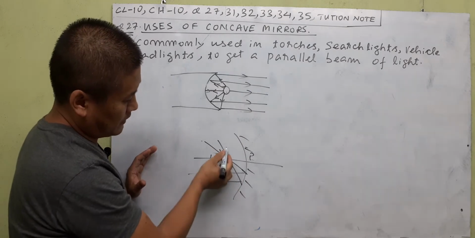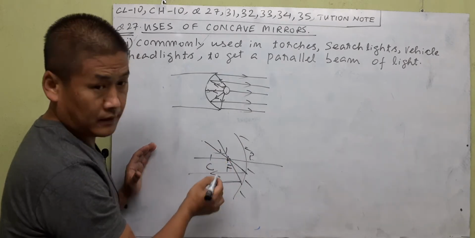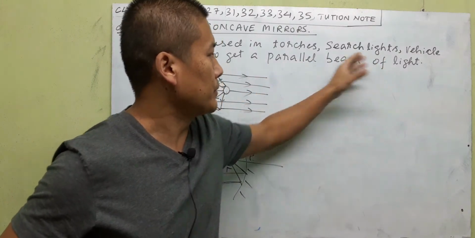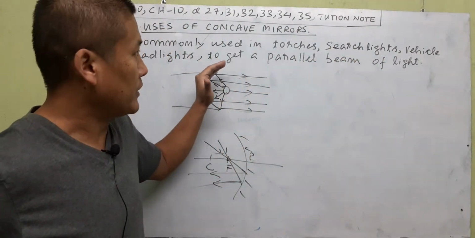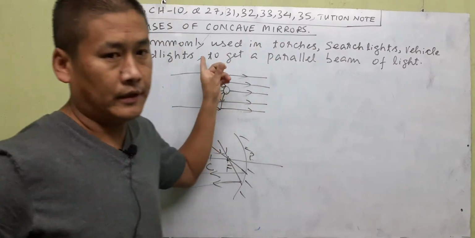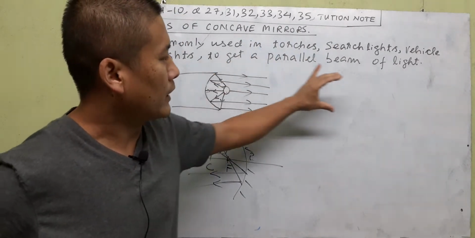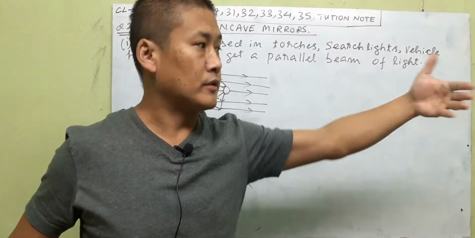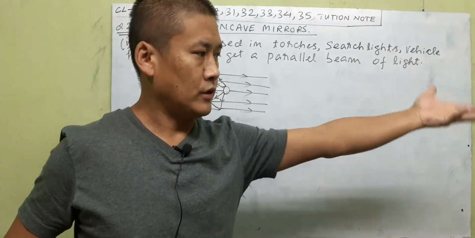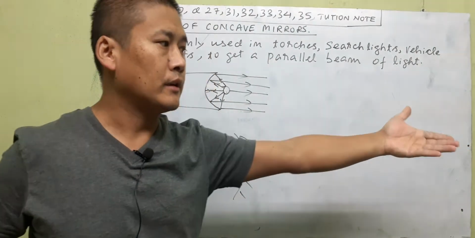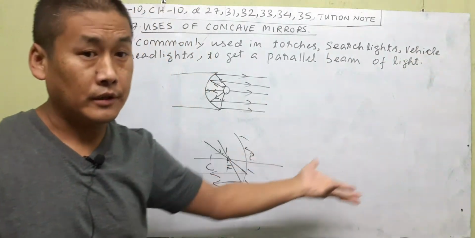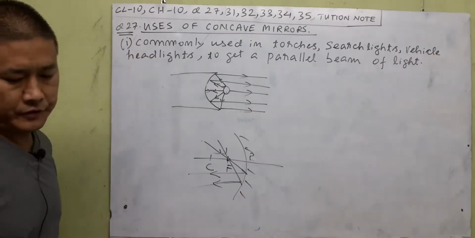That is the idea behind this. A parallel beam of light is produced with the help of the concave mirror inside the torch, searchlight or vehicle headlight, and it can travel a long distance, for the car, for the torchlight to give you visibility at night, or the searchlight used by the police to catch criminals and all these things, right? So that is the first common use.